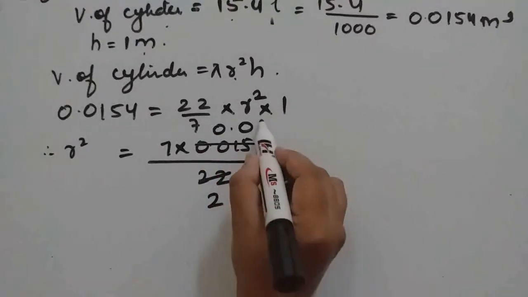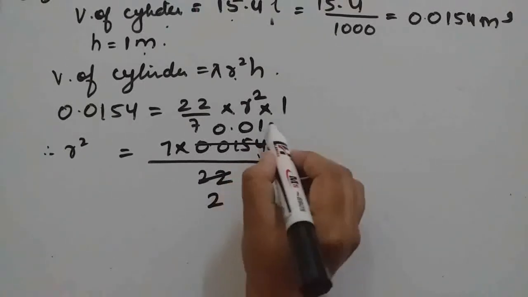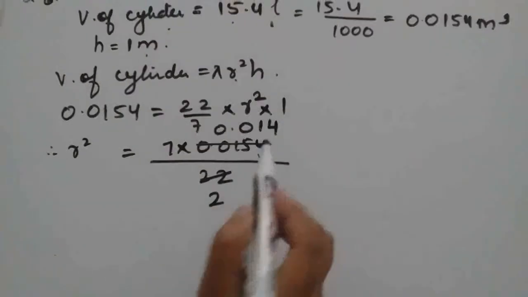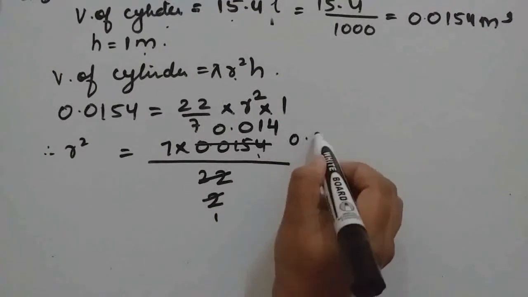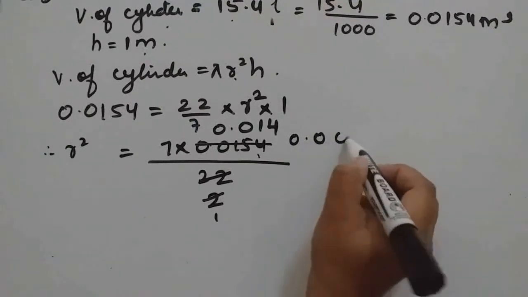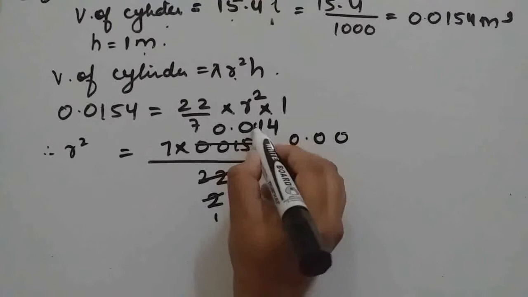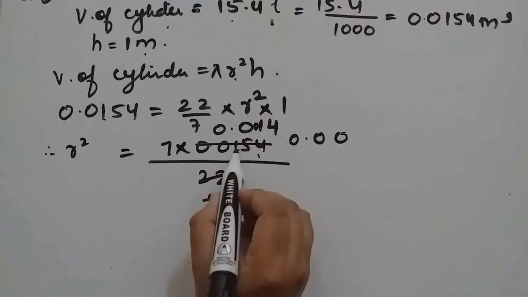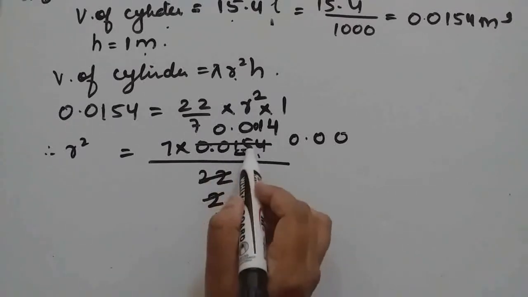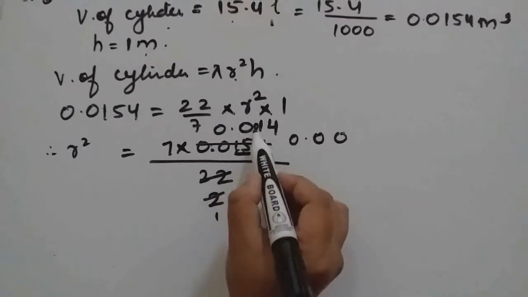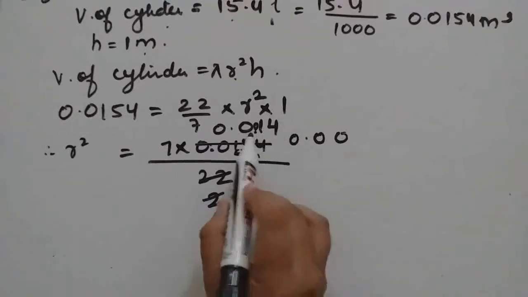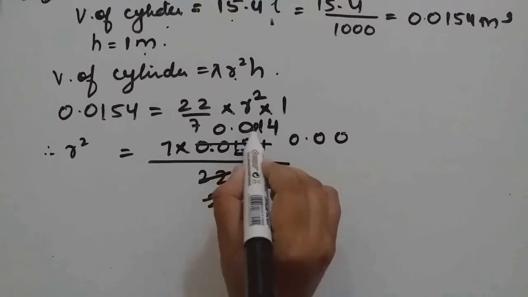See, 11 ones are 11, 4 will remain, 11 fours are 44. Then from 2 we can cancel. Here one more 0 will come because 1 won't go with 11, so we should consider 15, because this is after the decimal. So we put 0 here, then we consider 15 to get 1. Now here we are left with 0.0014.